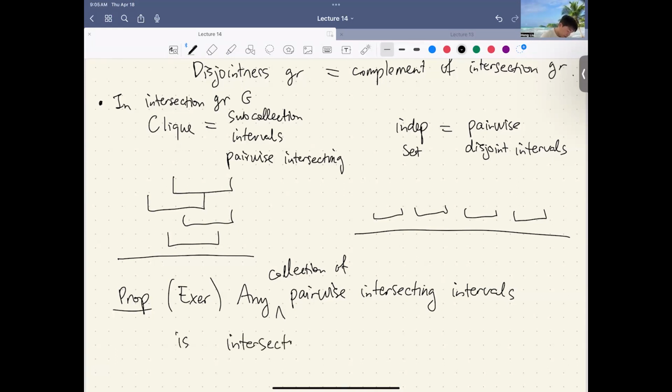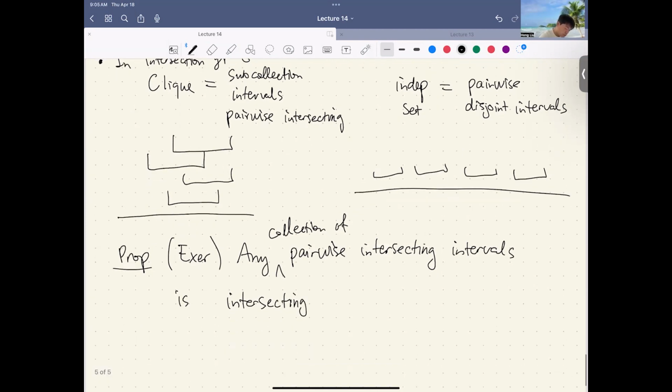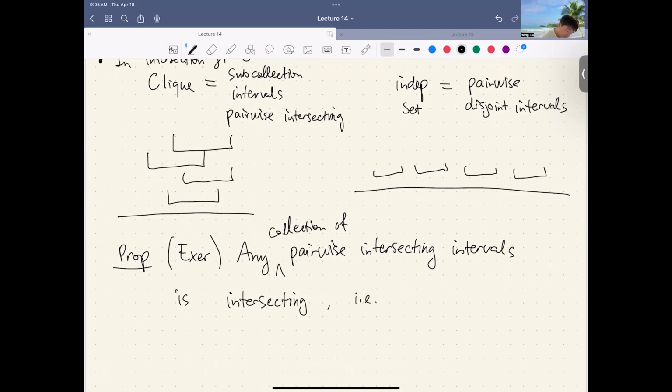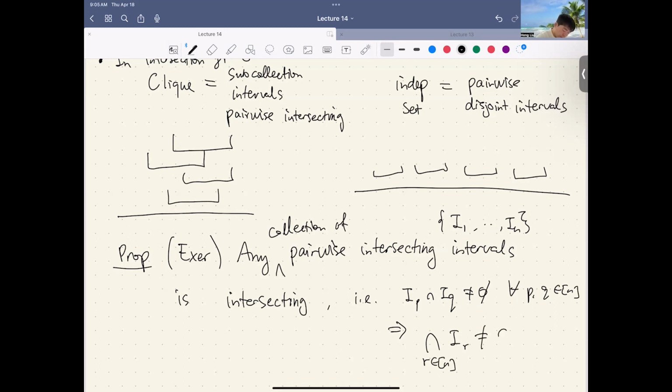In other words, if this collection is I1 to In, if Ip intersect Iq is not empty for any p, q in [n], then actually the intersection of all the sets is not empty.